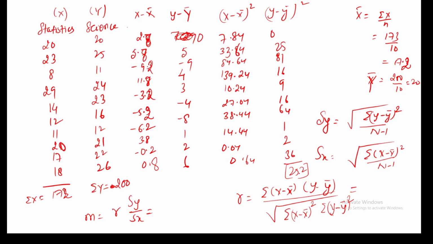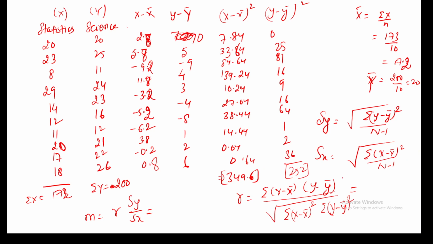And then the summation of x minus x bar square, how much will we get? Around 350. Exactly, I don't have the answer for all. 349.6, no? Okay.